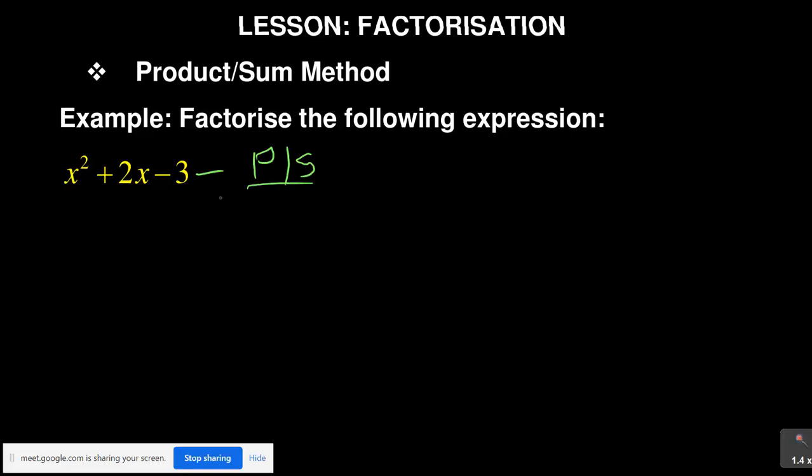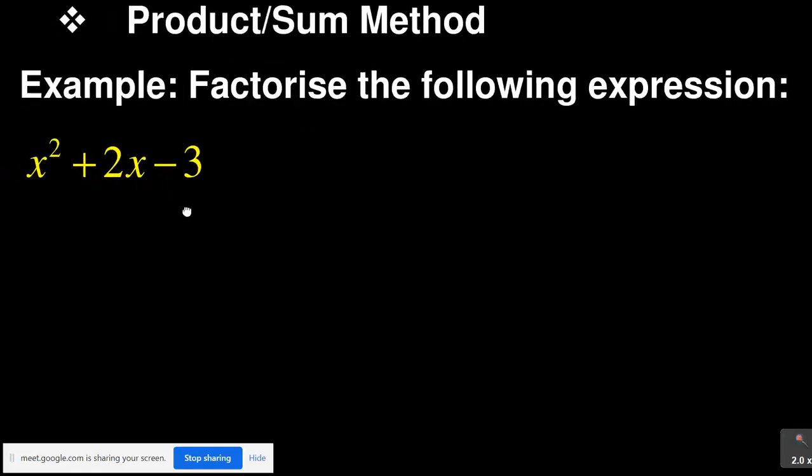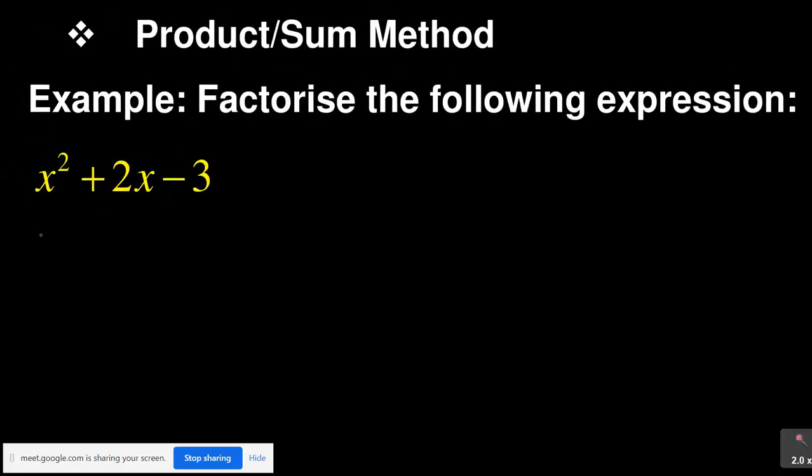Yes. So now when I look at this using that product sum, I'm going to identify what is my product and what is my sum. That's the method I use. For now there is a 1 there because that's the coefficient of x squared. If there is no number, it means it's a 1. So I'm multiplying this part with that.